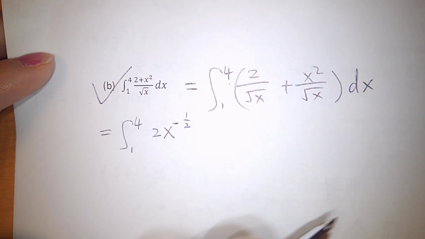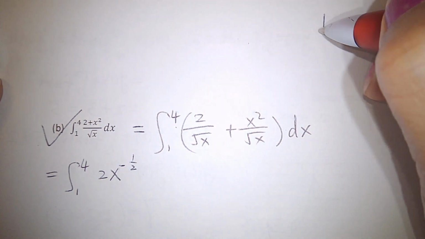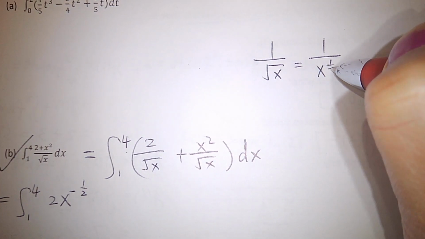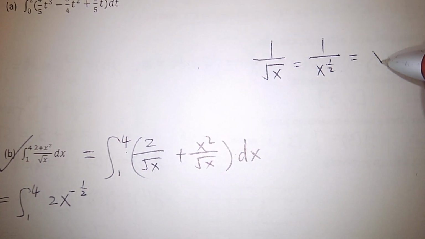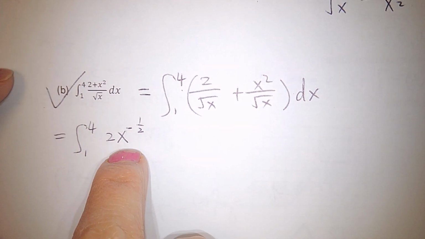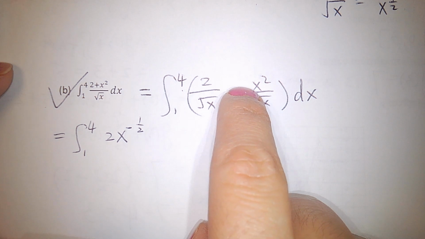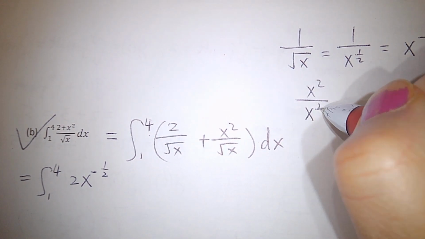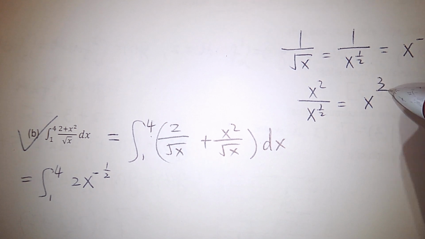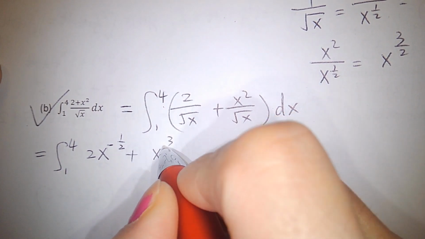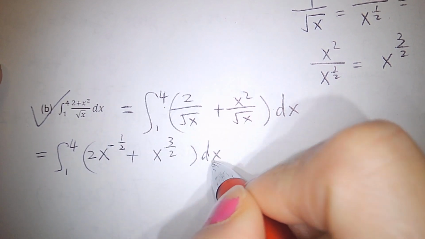Do you agree with this? Because 1 over square root of x equals 1 over x to the 1/2, which gives us x to the negative 1/2. And then x squared over square root of x is x to the 3/2, plus x to the 3/2 dx.